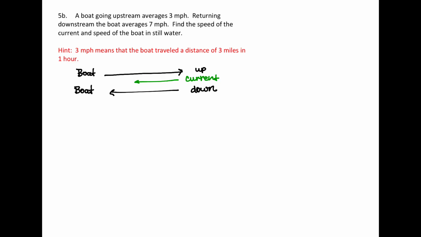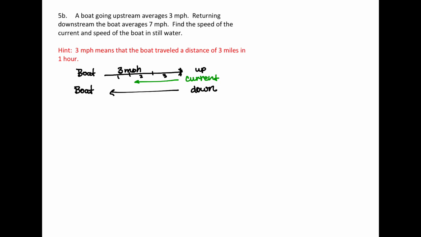Okay, so that's the exact picture that I did last time, but there's a problem with it. 3 miles per hour means the boat traveled 3 miles in 1 hour. So this arrow represents 3 miles per hour. Here's 1, here's 2, here's 3 in an hour.